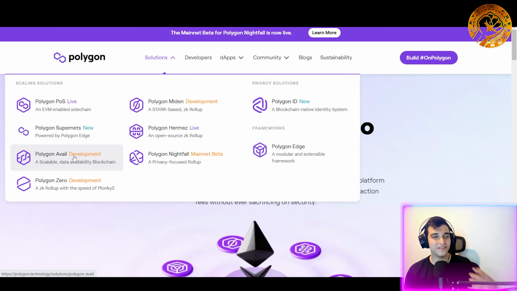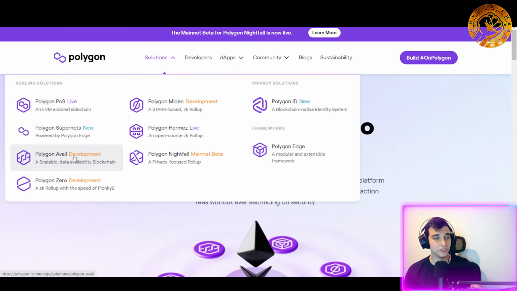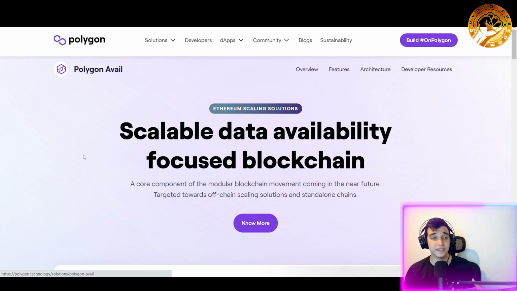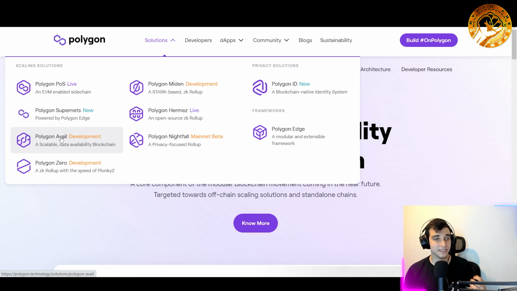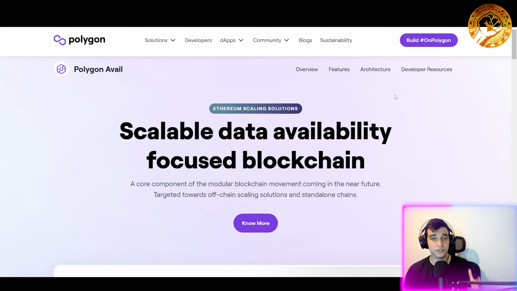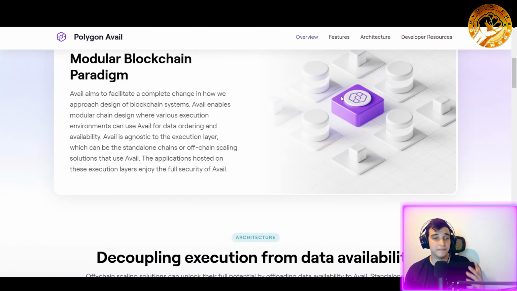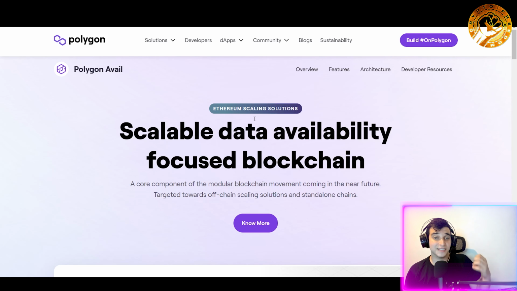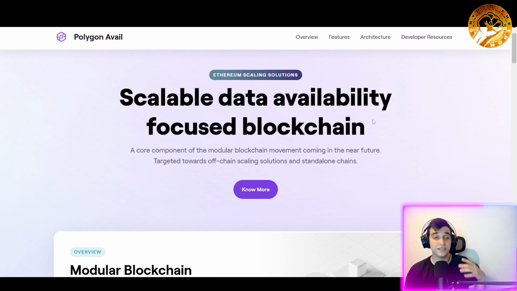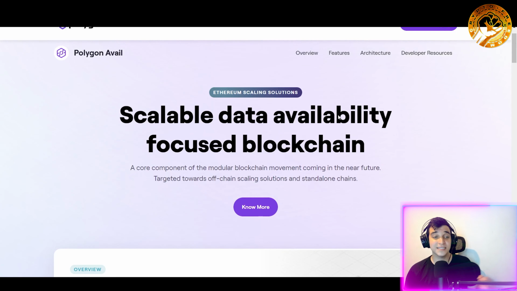Now, one of their very interesting scalable solutions is actually the Polygon Avail development. When you click solution and then click in here, you'll be able to read much more about it. And you can actually learn that it is an Ethereum scaling solution, a scalable data availability layer focused on the blockchain, and a core component of the modular blockchain movement coming in the near future, targeted towards off-chain scaling solutions and standalone chains.